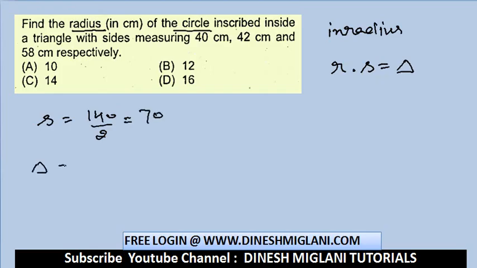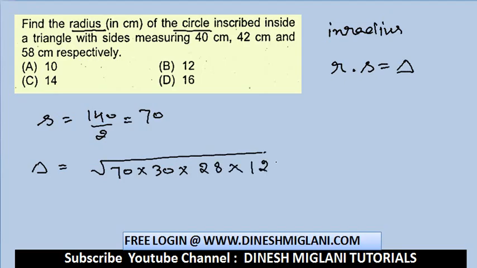Now area of the triangle we can find with the help of the Hero's formula. That is square root of S into S minus A into S minus B into S minus C, right? So this is area of the triangle and this is equal to semi-perimeter S 70 into R, right? For finding R we just make the square of this, or just try to solve this.